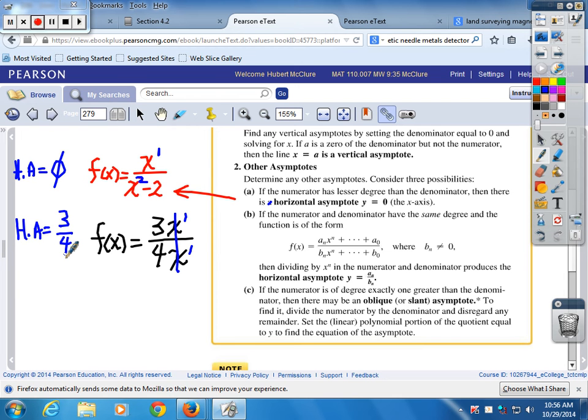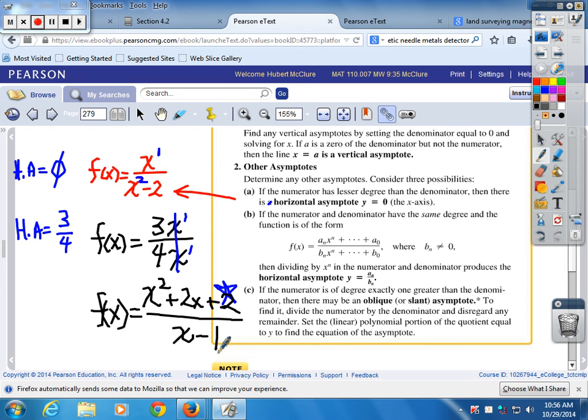Now here's the one y'all love. Why do y'all love C? Well, if the degree of the numerator is higher than the degree of the denominator, then what do we use?